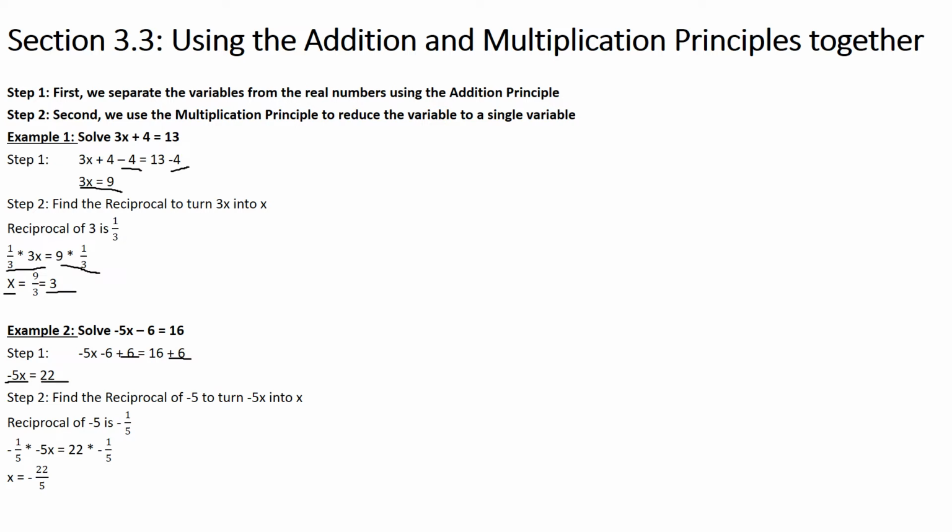I'll multiply both sides for the second step by the reciprocal of negative 5, which is negative 1/5. Negative 1/5 times negative 5x simply leaves x. And then on the right, since I multiplied by negative 1/5 on the left, I have to do it to the right. 22 times negative 1/5 is simply negative 22/5. And that's our final answer.